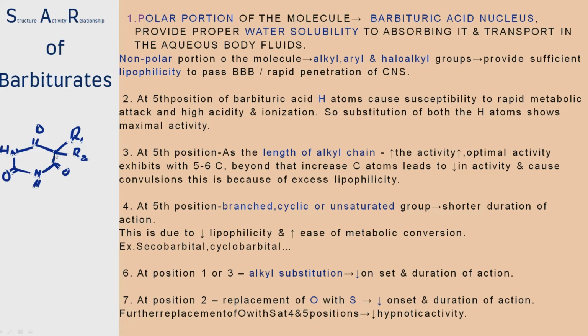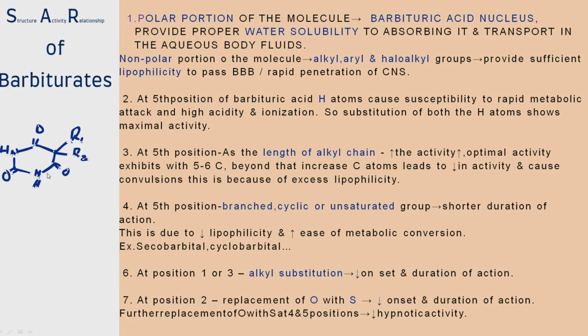By substitution here at the fifth position with alkyl groups or aryl groups, it forms a stable compound. Again, this barbituric acid part of the molecule provides the polarity, that is, the water solubility, and these alkyl groups provide the lipid solubility.